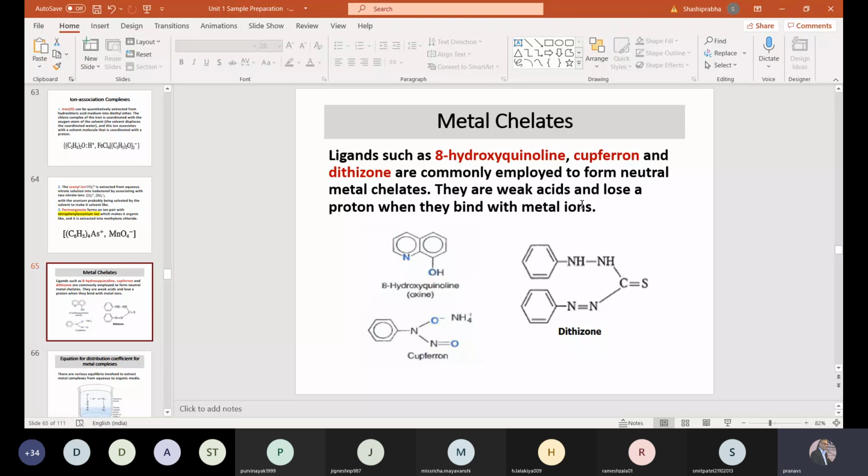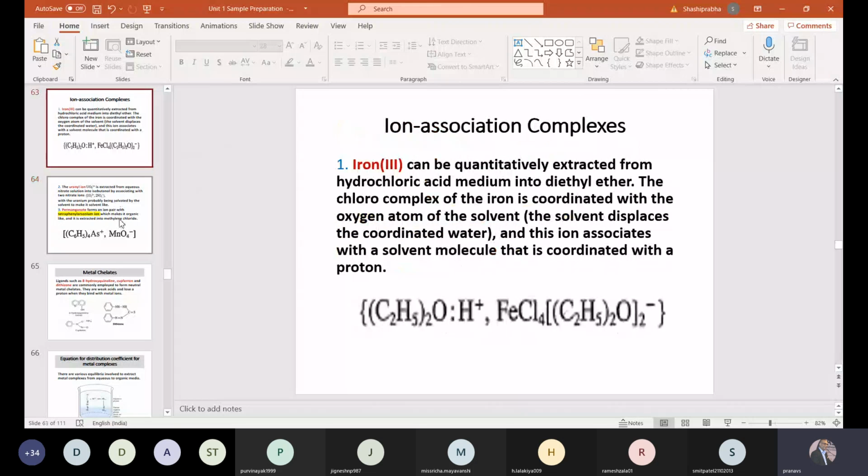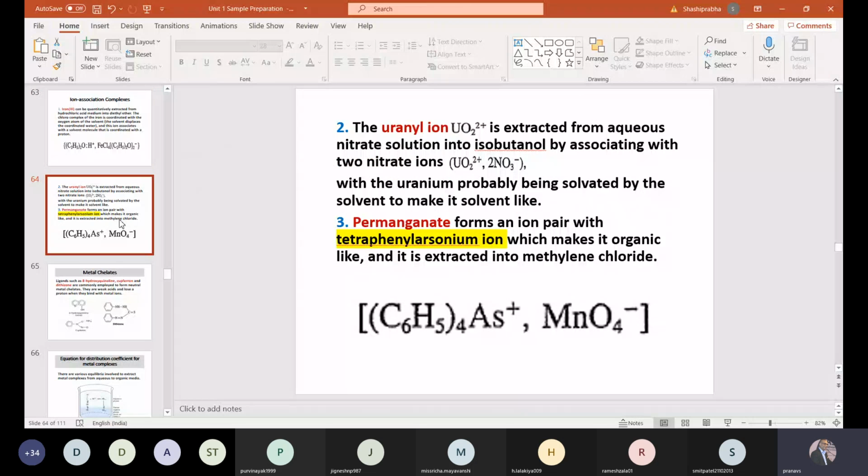In ion association, the stability is not as high, but these are some of the classical examples which have very high stability. They are highly stable in the organic phases, whichever phase is being used, whether it is isobutanol or diethyl ether or methylene chloride. They are stable.